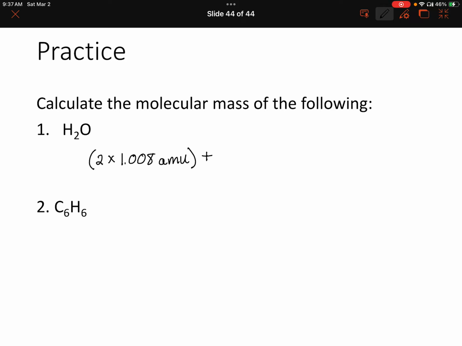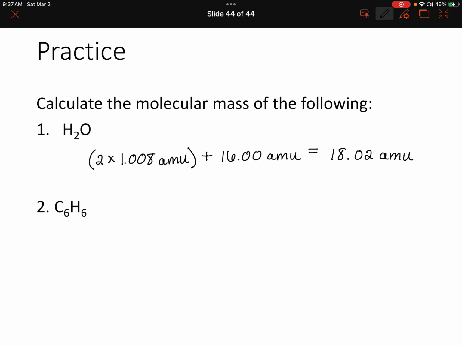And then I'm going to add the mass of oxygen. And remember, on some periodic tables, oxygen is listed as 15.99 AMU. And then on other periodic tables, its mass is listed as 16. But either way, you should get a really similar value. So if we add those together, we get 18.02 atomic mass units, and that'll be the mass of water.